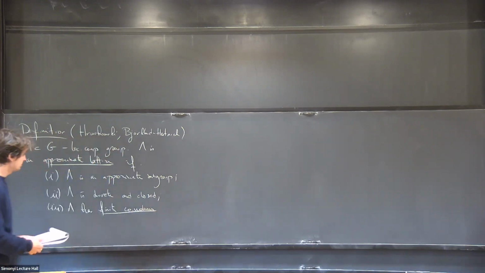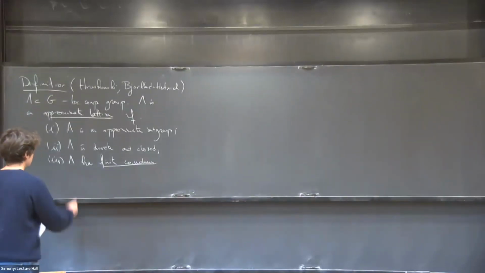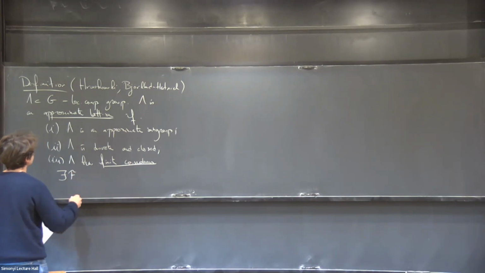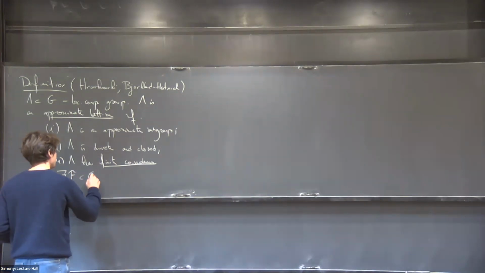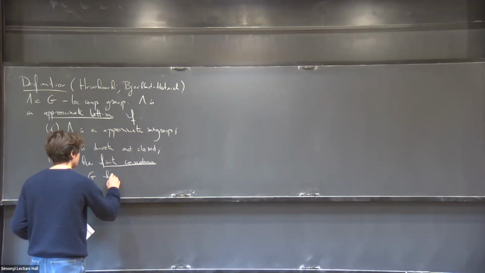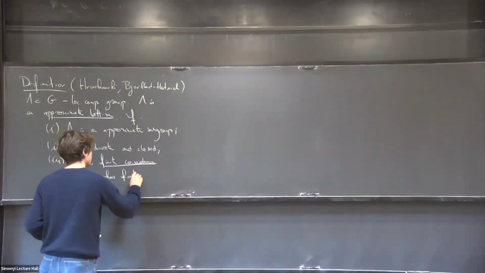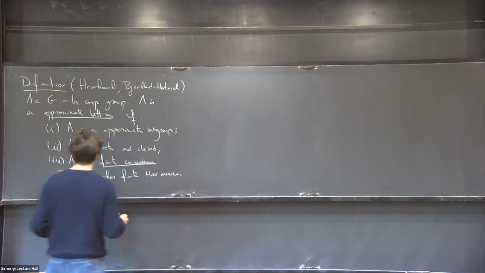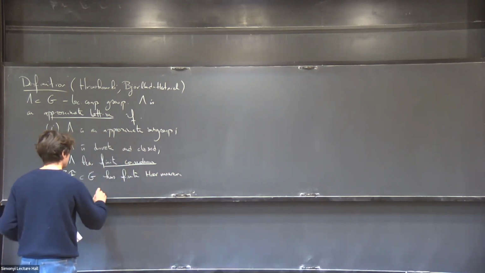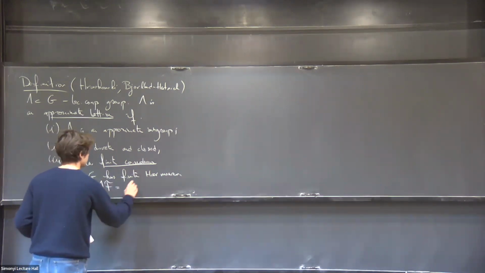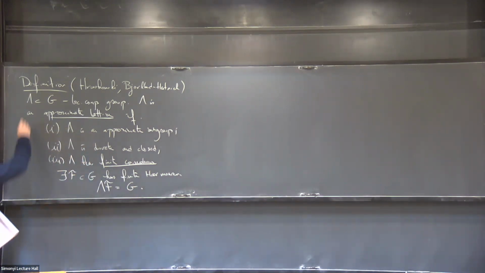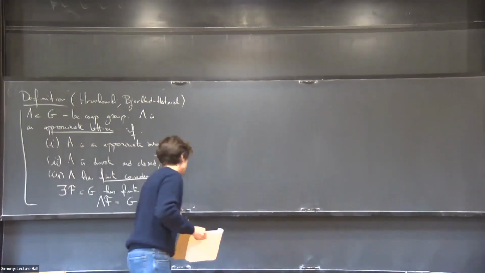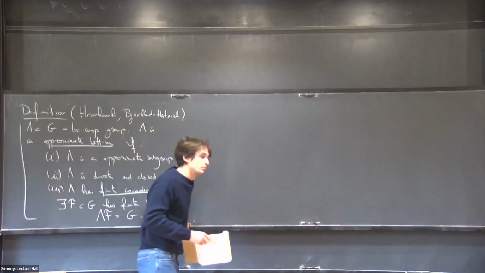So what does that mean? I will be able to find F in G that has finite Haar measure and such that lambda F is equal to G. So essentially what I'm looking for are really big discrete subsets of a locally compact group.